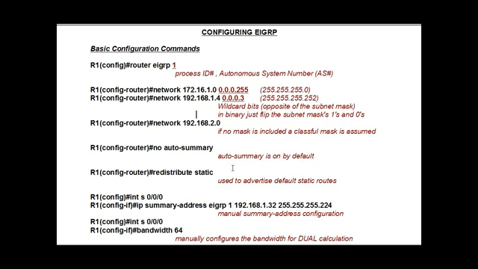Okay, another important command is the no auto-summary command, and that will turn off auto summarization, which is on by default. I've already said that the no auto-summary command will turn off summarizing routes for EIGRP, and then the next command I put here is redistribute static.